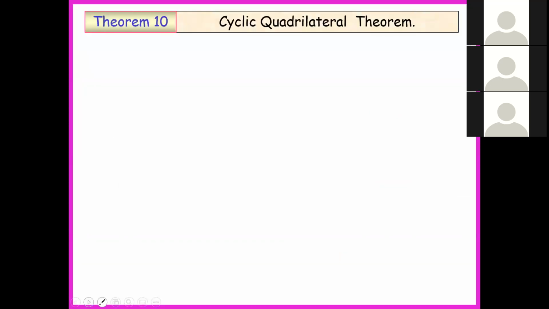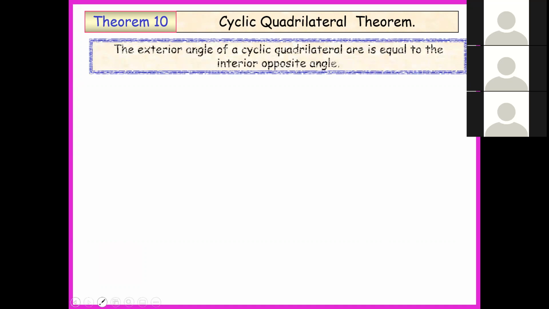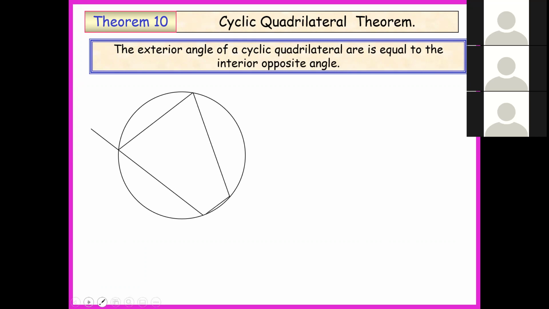And then we come to our last theorem I want to touch on, the second theorem on cyclic quads, and that is simply saying that the exterior angle of a cyclic quad, the outside angle, would be equal to the interior. So there's our outside angle at this vertex or this point.